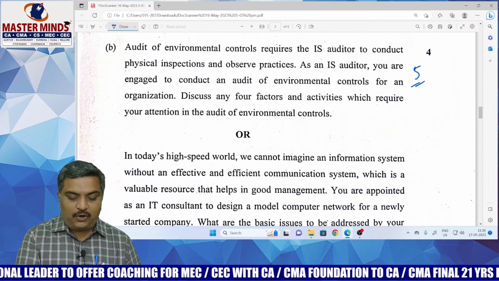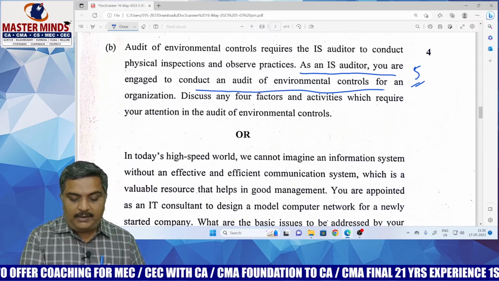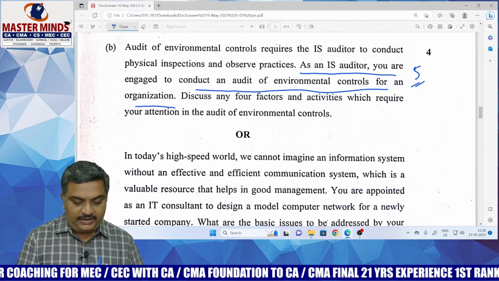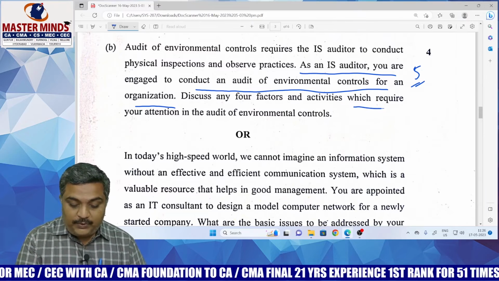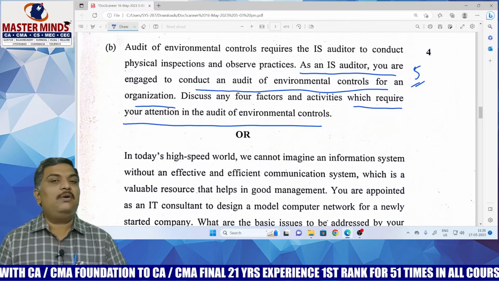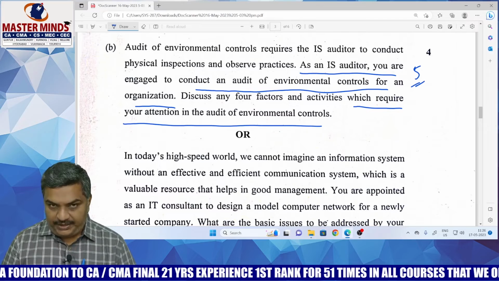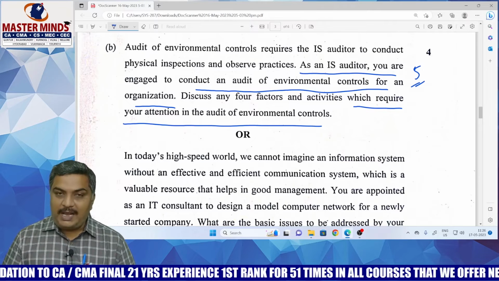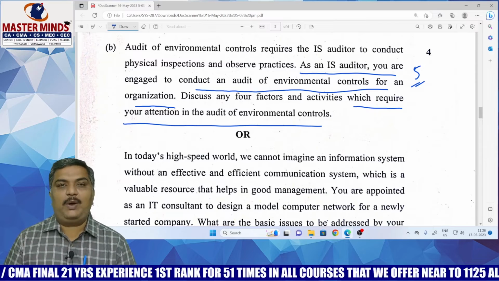As an IS auditor, you are engaged to conduct an audit of environmental controls for an organization. And the question asked is which factors require your attention in the audit of environmental controls. So what is the best way to start answering this question? As an IS auditor, I pay attention to the following factors in the audit of environmental controls.